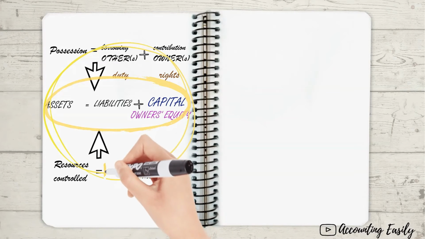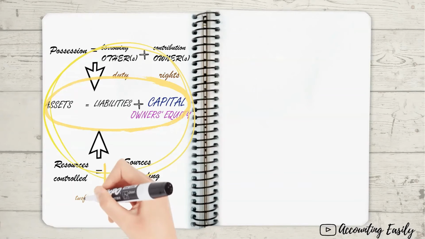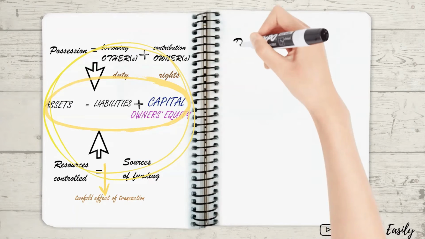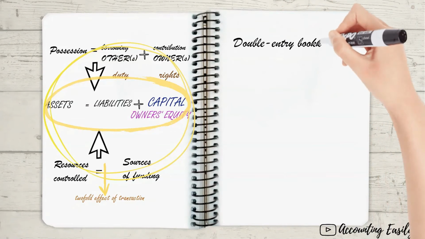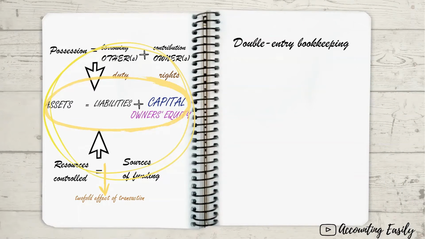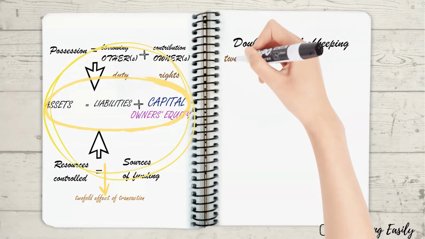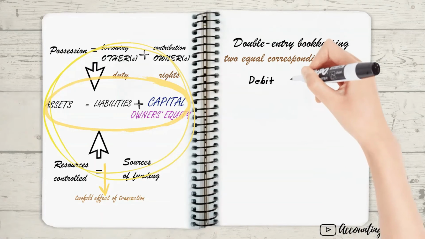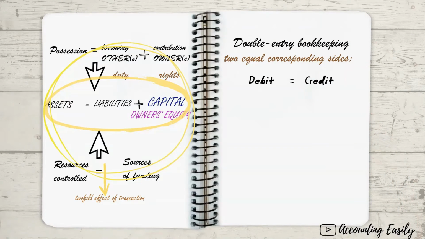So that's about the accounting equation. This equation takes us to the twofold effect of a transaction. In accounting, we use double entry bookkeeping, where every entry requires a corresponding and opposite entry to different accounts. The two equal and corresponding sides are what we call debit and credit.